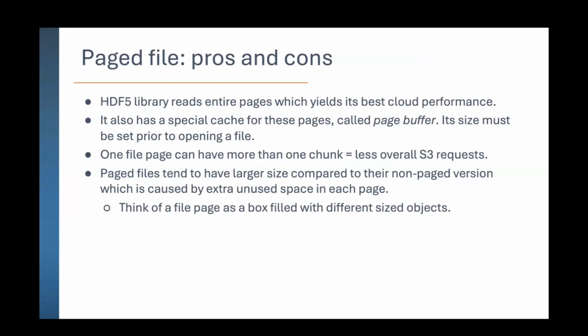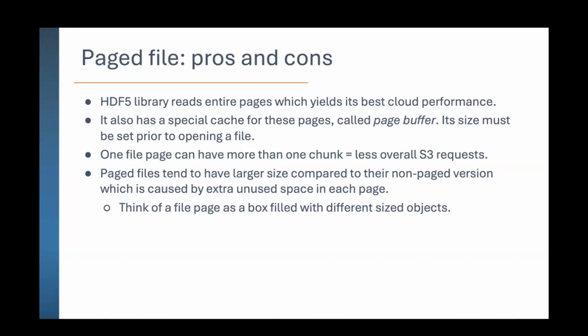Right now, the HDF5 library is, as I mentioned, really not a first-rate citizen in cloud-native computing. And therefore, these pages, when the files are paged, enable the library to read data in pages, which means that besides getting the chunk that is really needed, the library will get the page in which this chunk is.